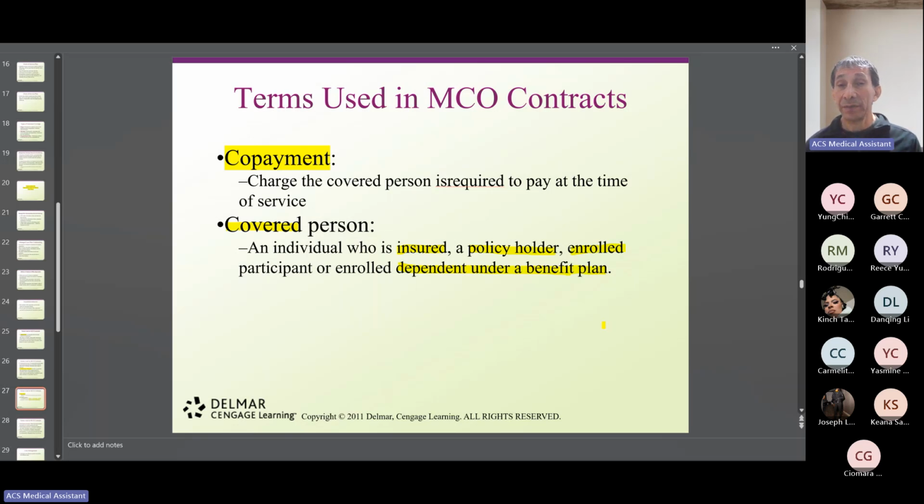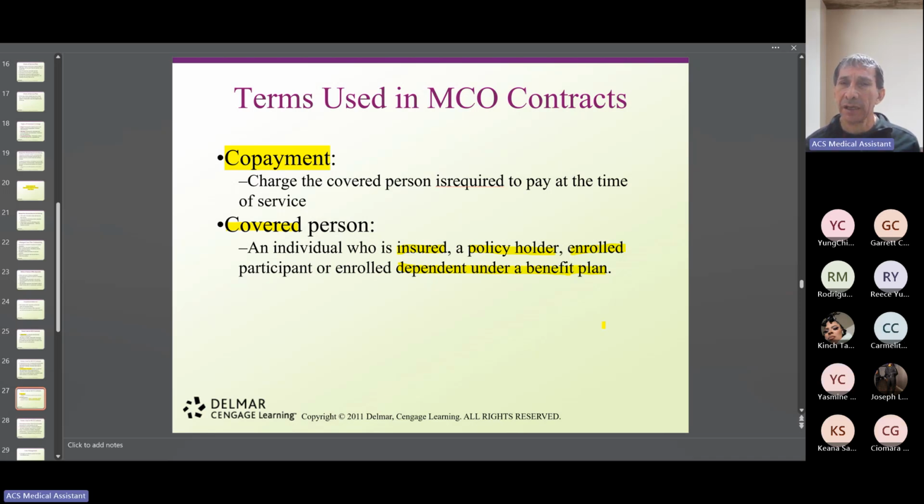Who's the patient who received the services? We put it right here: patient, name, last name, and all the information. And then policy holder. If the policy holder is the same as the patient, then you just write down the same. Other than that, you just have to write down the name of the policy holder.